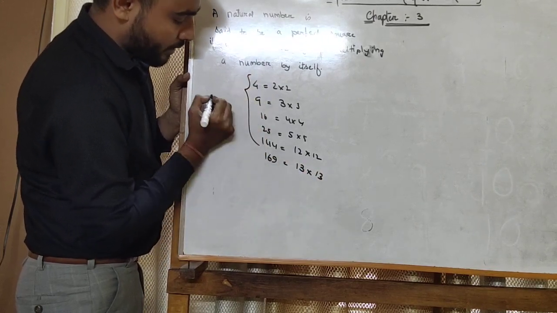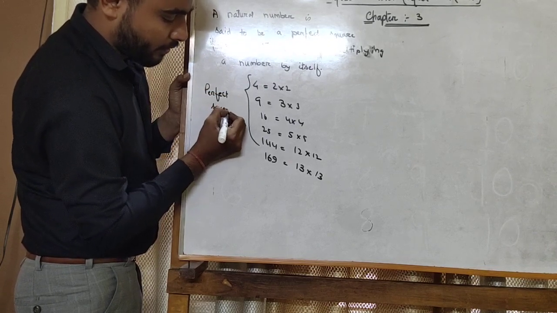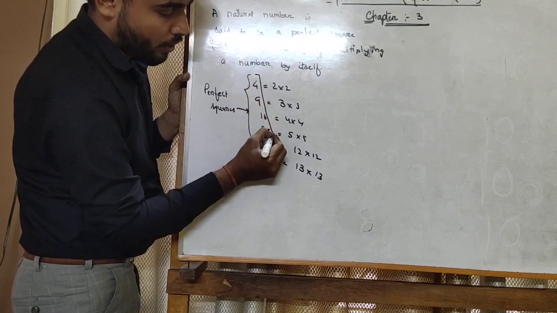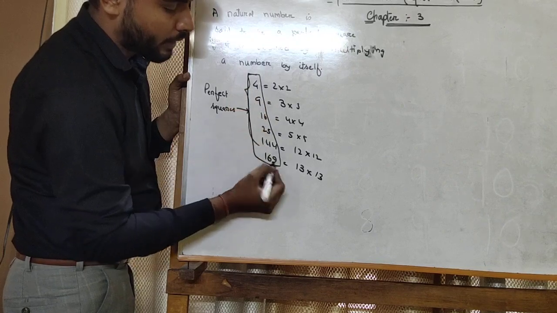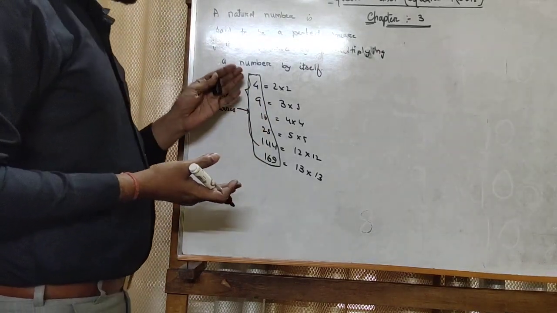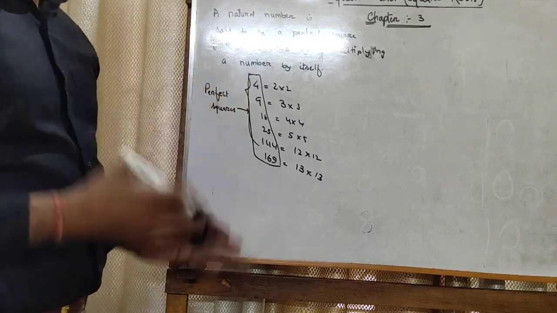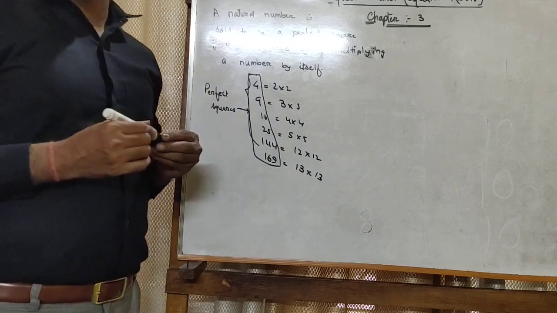So all these numbers are perfect squares. Why? Because the same number is multiplied by itself to get the product 4, 9, 16, 25, 144, 169 and so on. There will be innumerably many perfect square numbers.